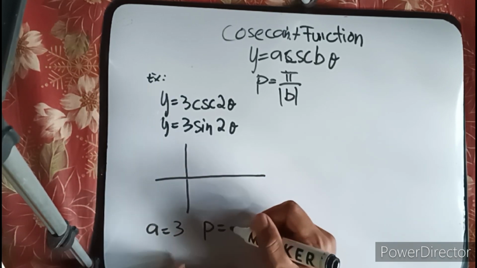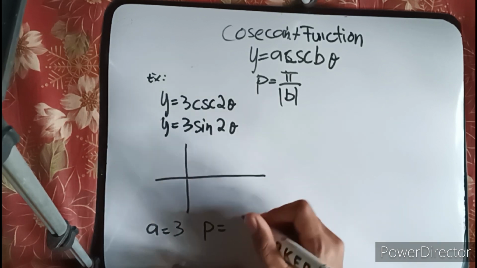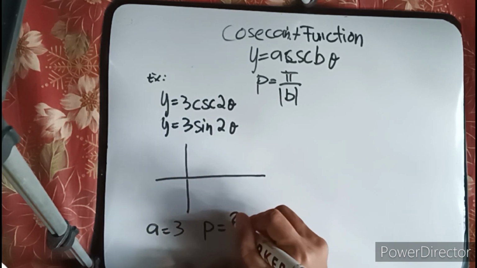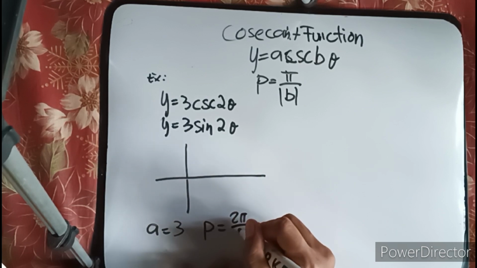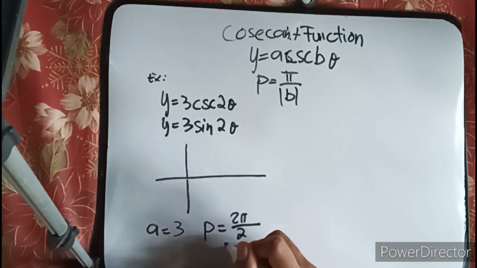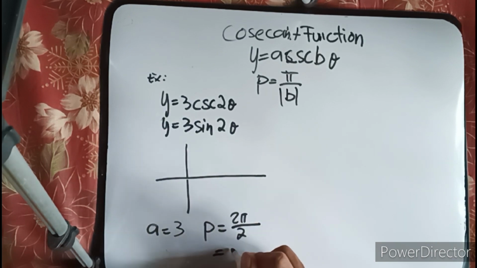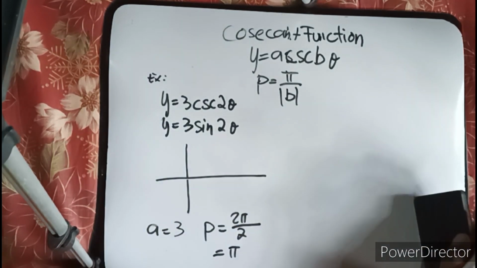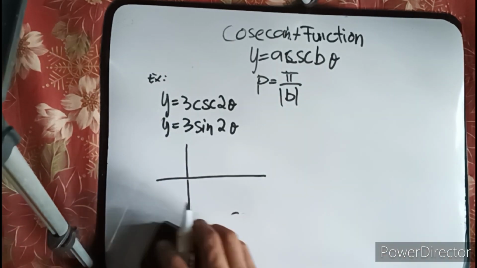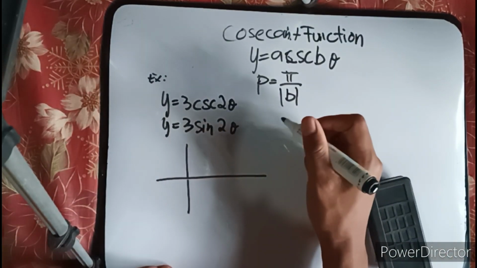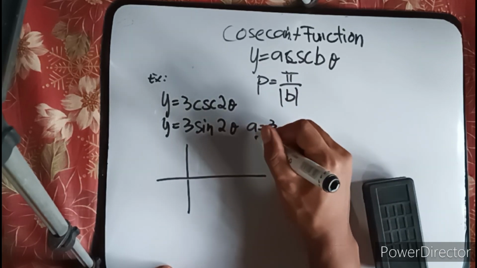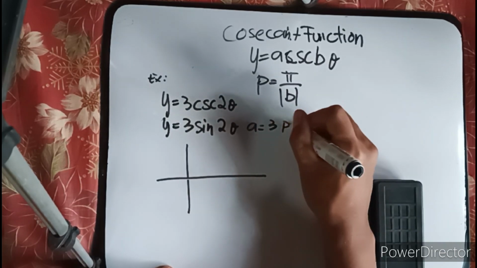The period is different from the cosecant formula, which is 2 pi over B. Our B is 2, so simply we now have a period of pi. So we are going to put here our A is equal to 3 and P is equal to pi.